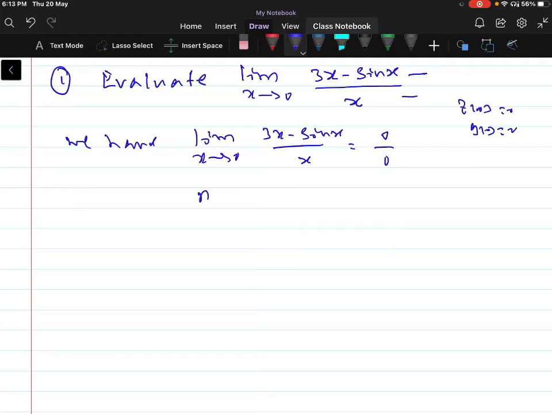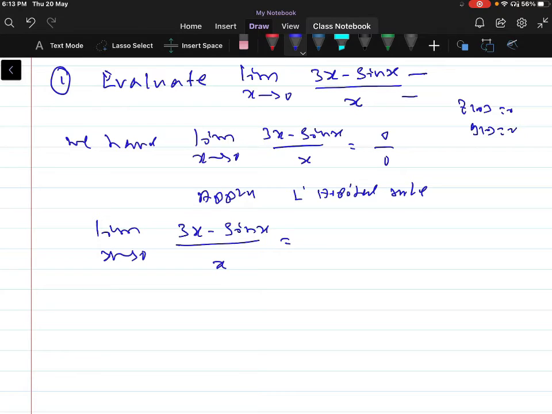So now you can apply the L'Hôpital's rule. So limit as x approaches 0, the function 3x minus sin x by x can be written as limit as x approaches 0, d by dx of numerator 3x minus sin x divided by d by dx of x here.